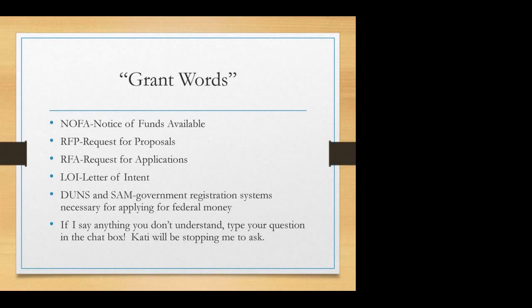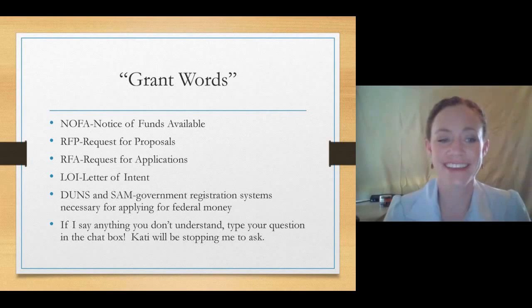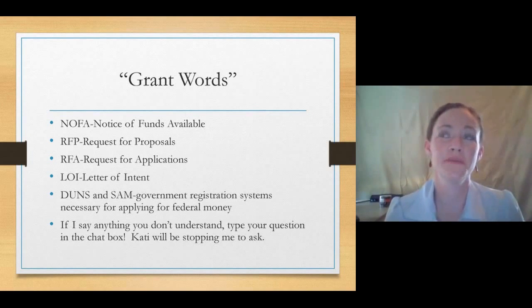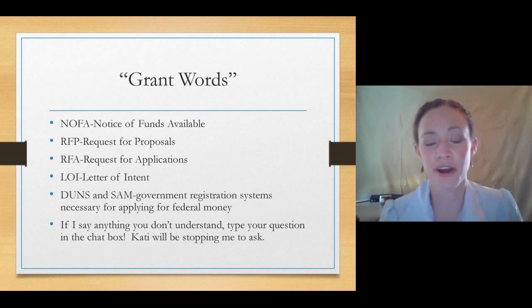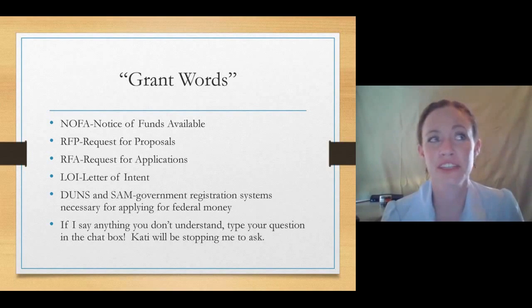I'm going to go over some funding words that I use a lot and that people in the grant world use a lot, and we assume that everyone else knows what they are. It's just like at your job, you probably have shorthand, like CSM meaning customer service manager, or whatever you're using on the farm. It's the same thing.